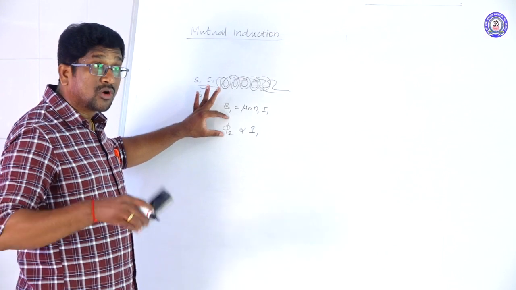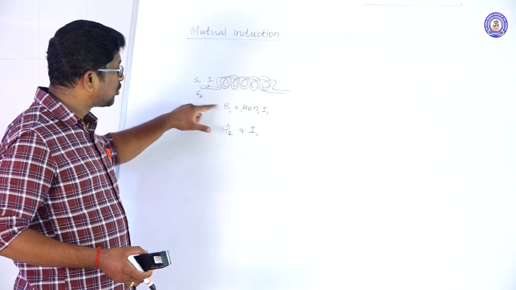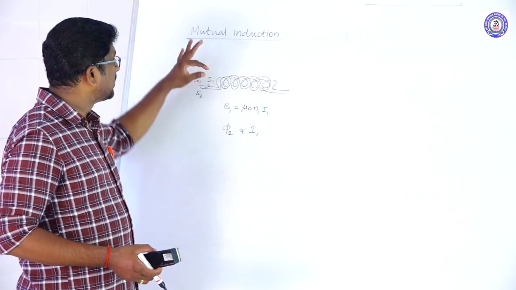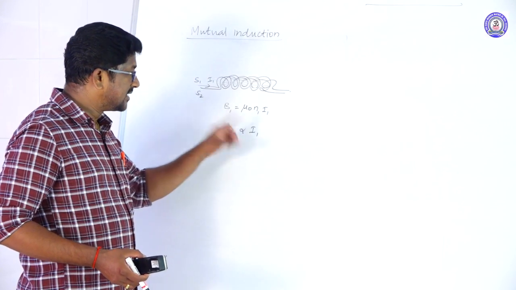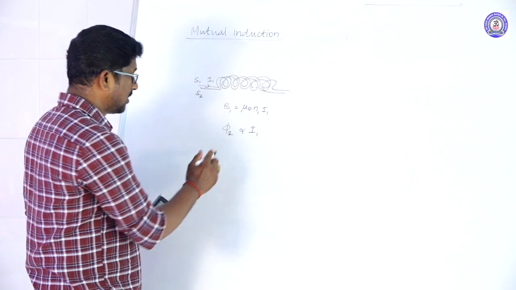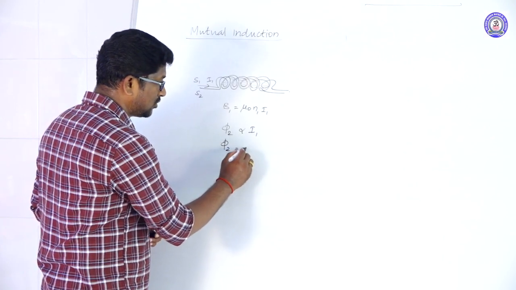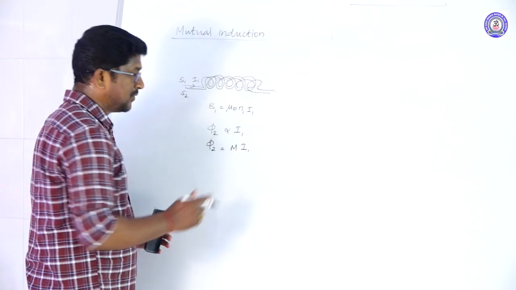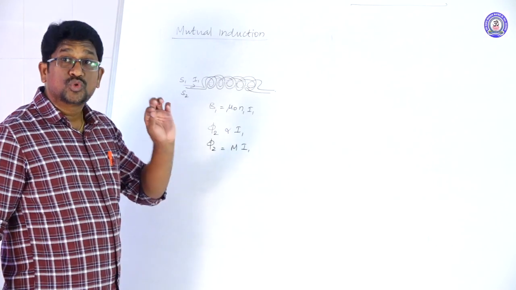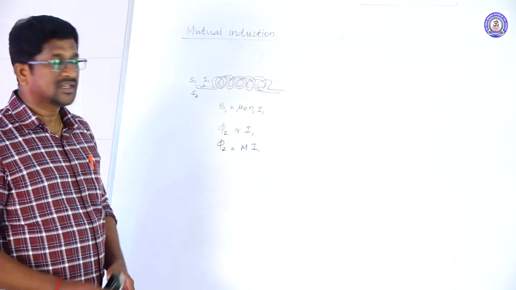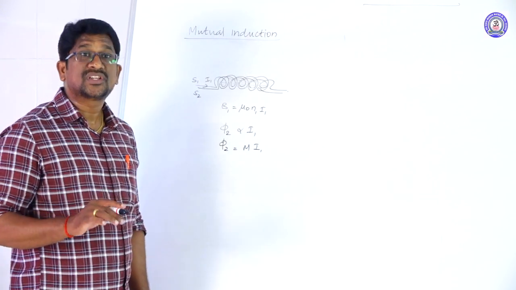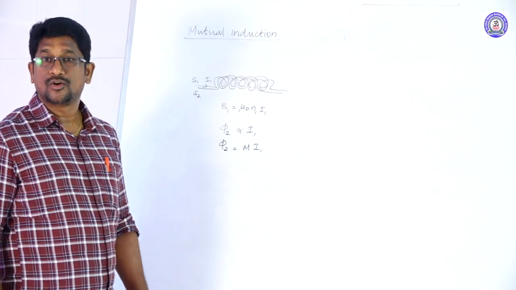Or phi 2 is equal to M into I1, where M is the mutual inductance between these two coils, or the coefficient of mutual induction of the two coils.